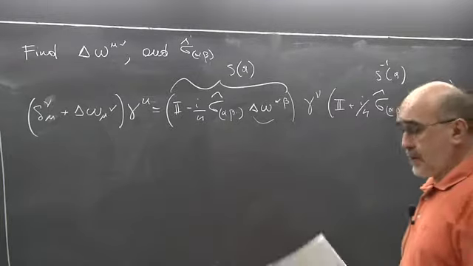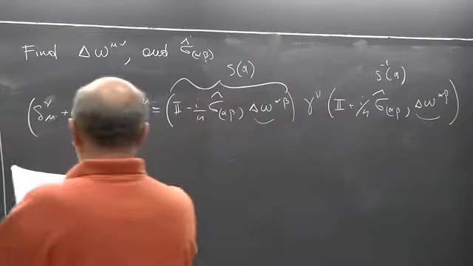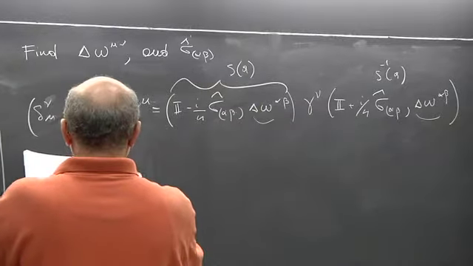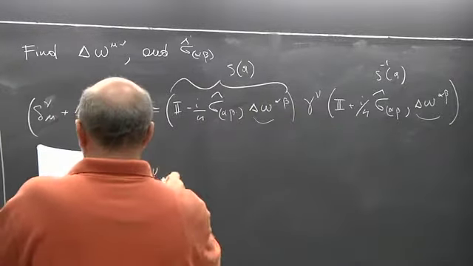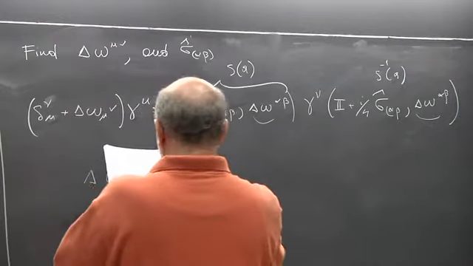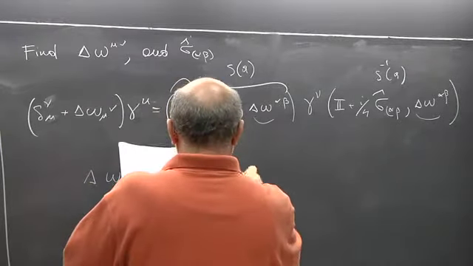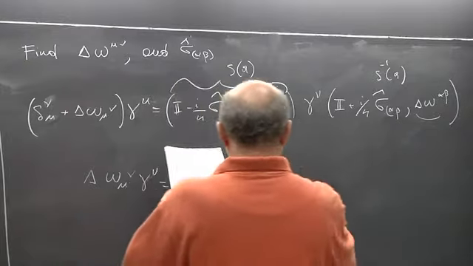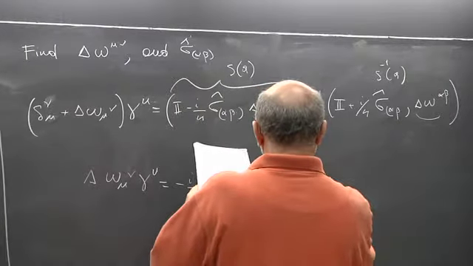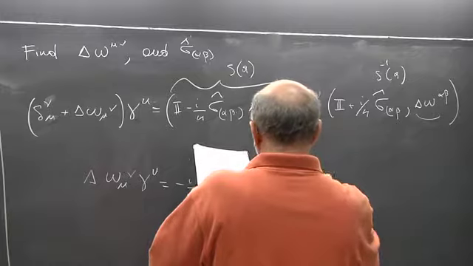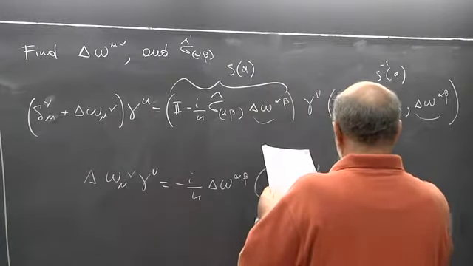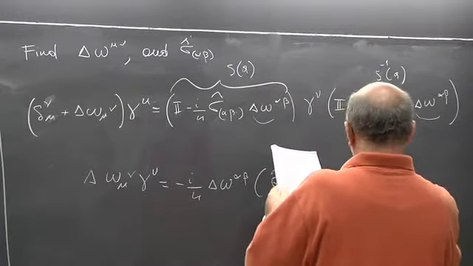What you get is the following: delta omega mu nu gamma mu is equal to minus i/4 delta omega alpha beta times sigma alpha beta gamma nu minus gamma nu sigma alpha beta.